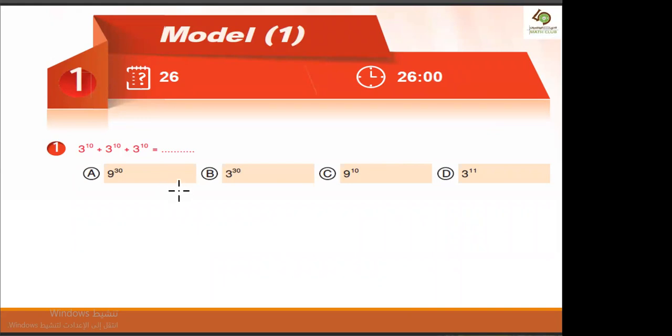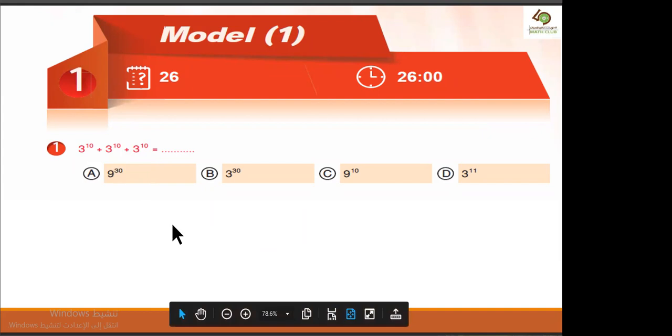3 to the power 11. How do you solve the problems? You said 3 to the power 10. No, you can't add the exponent. Why can't you add the exponent? No, not correct.